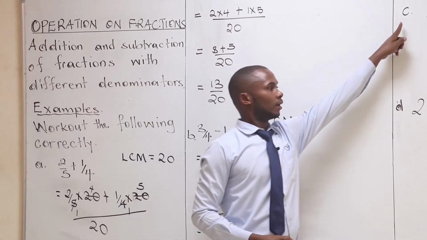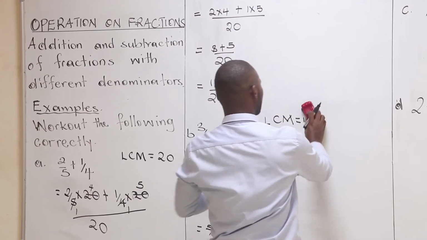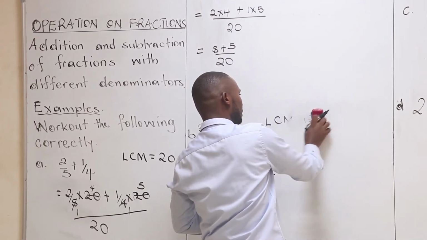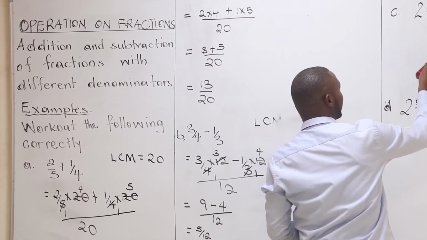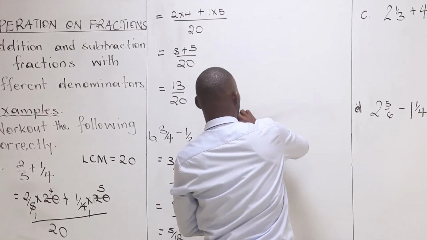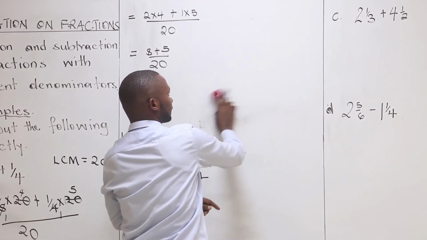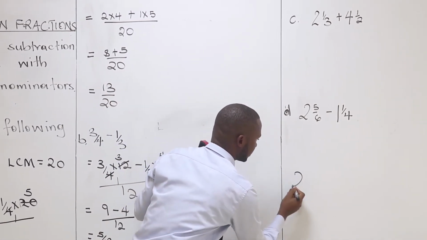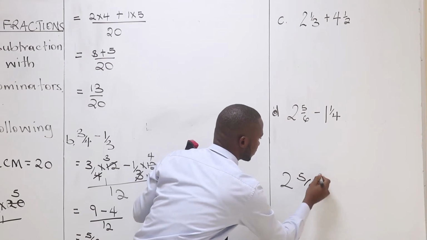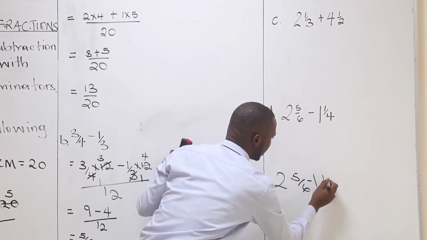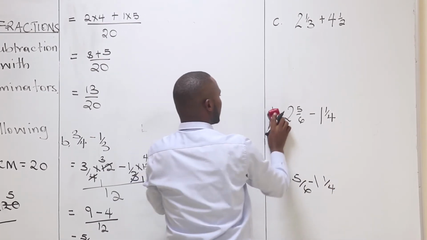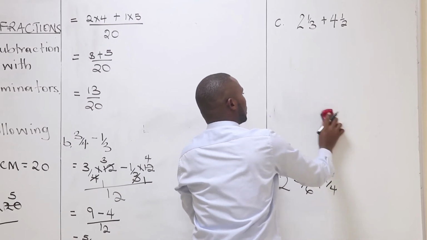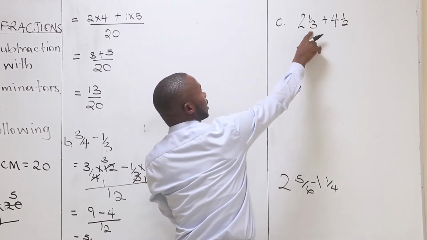Okay. When you look at part C, still it is all about addition, but here we are adding mixed fractions. Let us have this example slightly down. 5 out of 6 minus 1 out of 4. So, this one we shall first change.